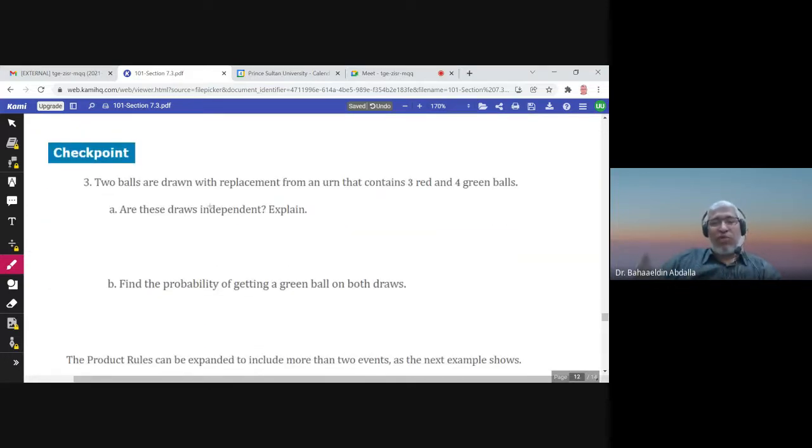Two balls are drawn, two balls, with replacement. If you remember, we discussed without replacement and with replacement in the previous video. And if you notice, with replacement, when we put the ball back, the second probability does not change.